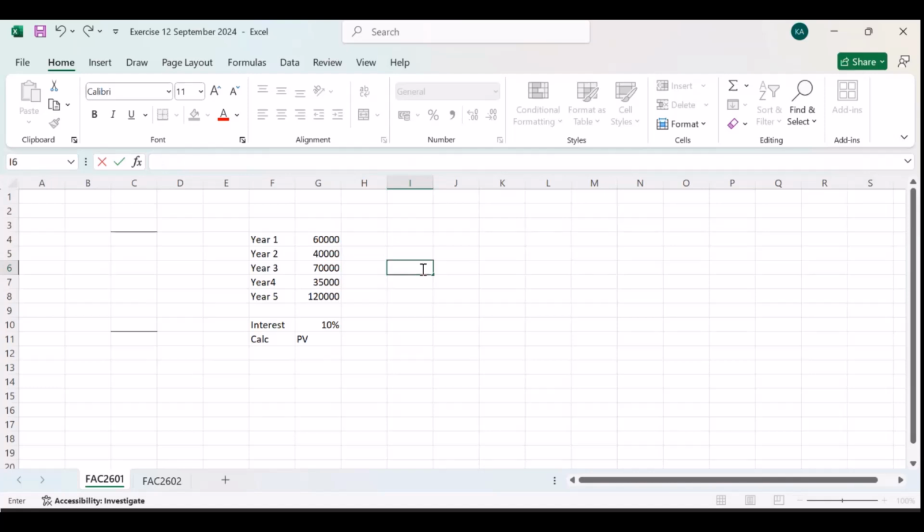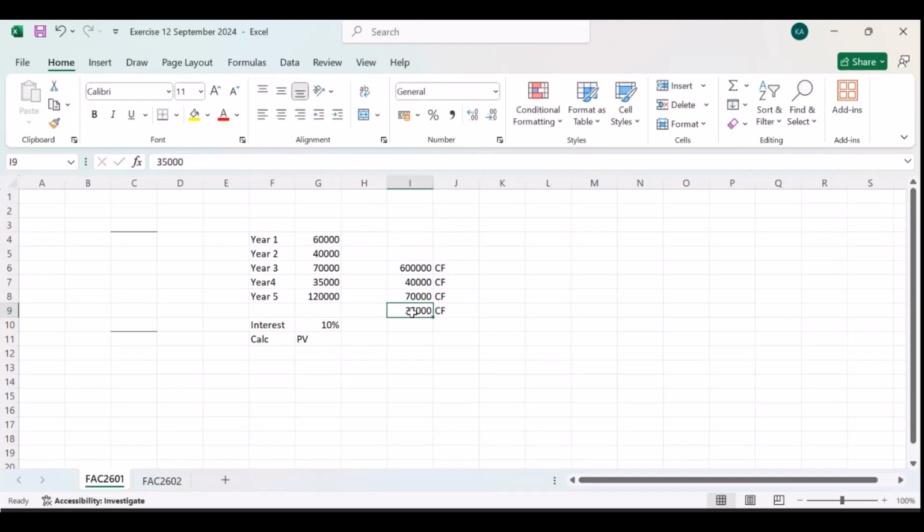You enter 60,000 and press cash flow. Then 40,000, press cash flow. 70,000, press cash flow. 35,000, press cash flow.